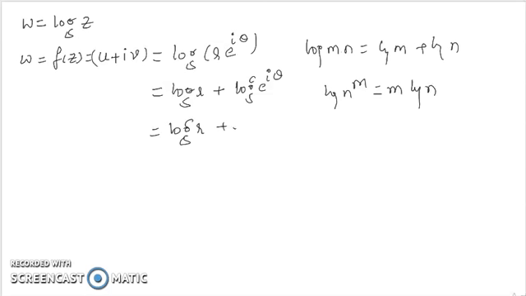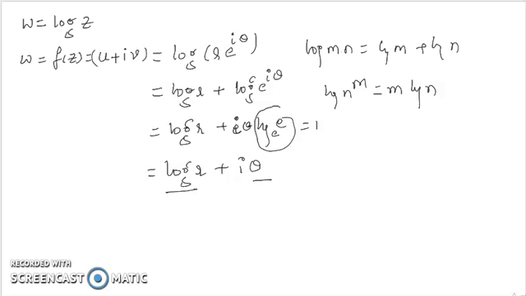So I can write i theta log e to the base e. Log e to the base e is 1. Therefore, log r plus i theta, we are getting two parts: this is the real part and this is the imaginary part. So u is equal to log r, and v is equal to theta.